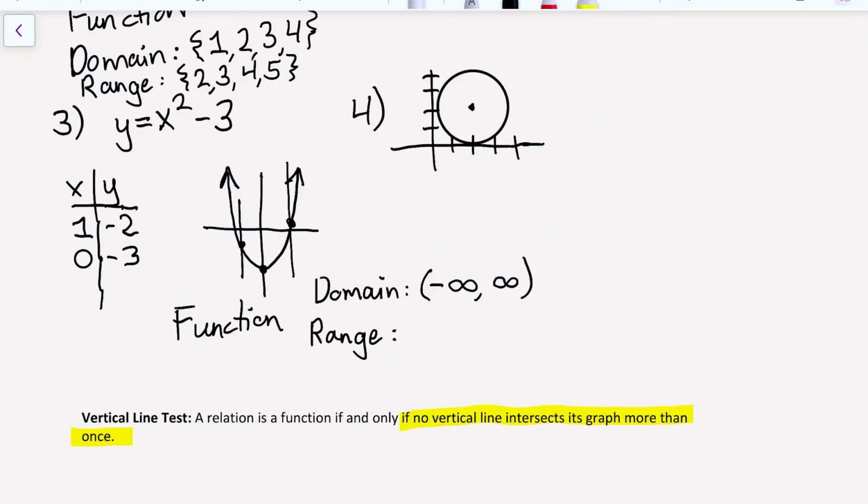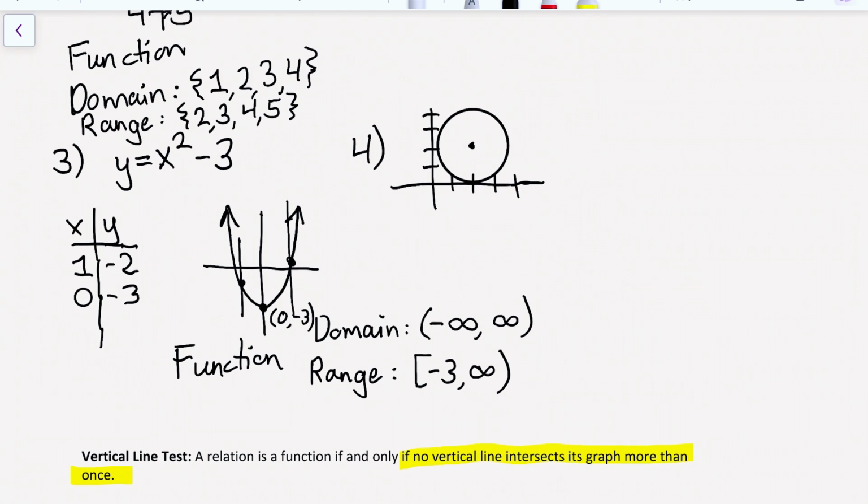I did not label this point, but this is the point 0, -3. We'll get some tools later on in this course to be able to find that intercept. So the range is from -3 to positive infinity. The lowest the y value could be is -3, and then it goes upward from there, reaching to positive infinity.